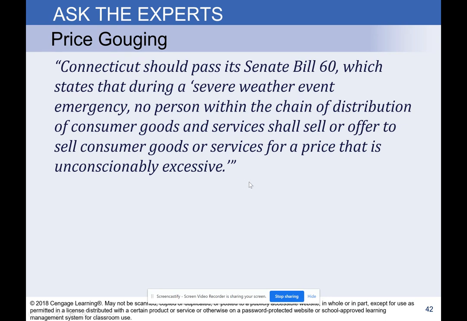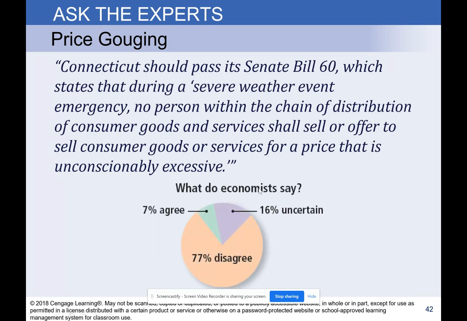Connecticut should pass its Senate Bill 60, which states that during a severe weather event emergency, no person within the chain of distribution of consumer goods and services shall sell or offer to sell consumer goods or services for a price that is unconscionably excessive. What do the economists say? 77% disagree, 16% are uncertain, and 7% agree.